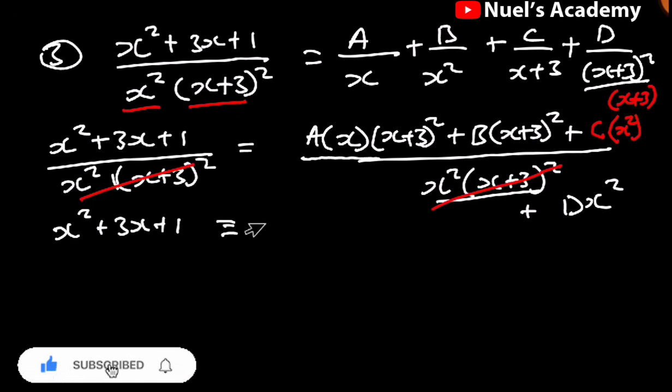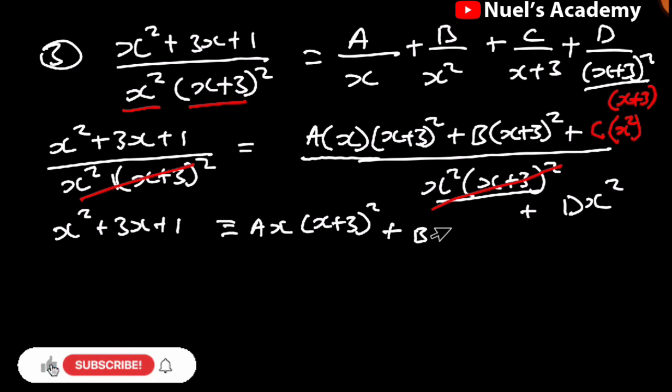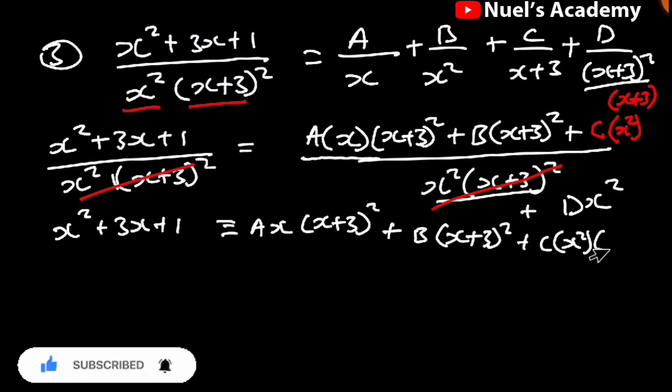is equivalent to, we have Ax multiplied by (x plus 3) all squared plus B multiplied by (x plus 3) all squared plus C multiplied by x squared multiplied by (x plus 3) then plus Dx squared.